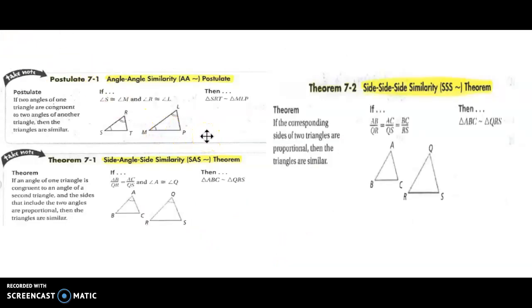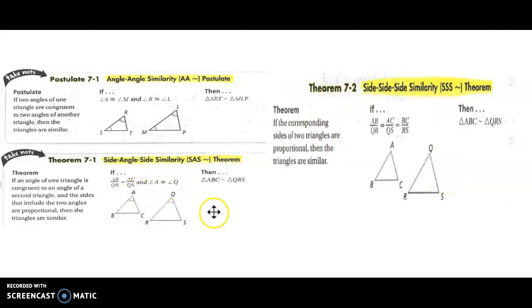3 ways to show that triangles are similar, okay? I'm going to go kind of out of order actually. Side, side, side means all 3 pairs of sides are the same ratio. Okay, not congruent, because obviously one's going to be smaller and the other one's going to be bigger. And so you have side, side, side.